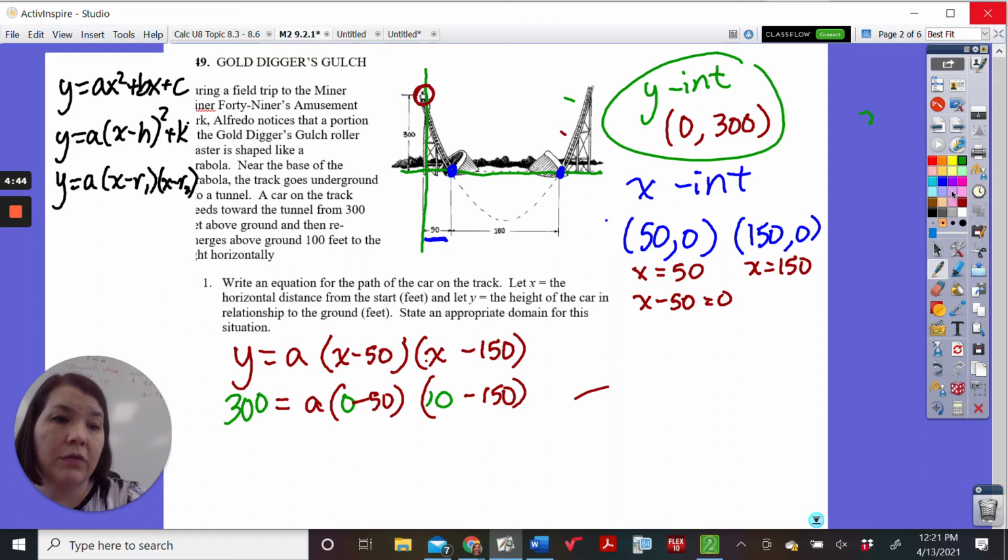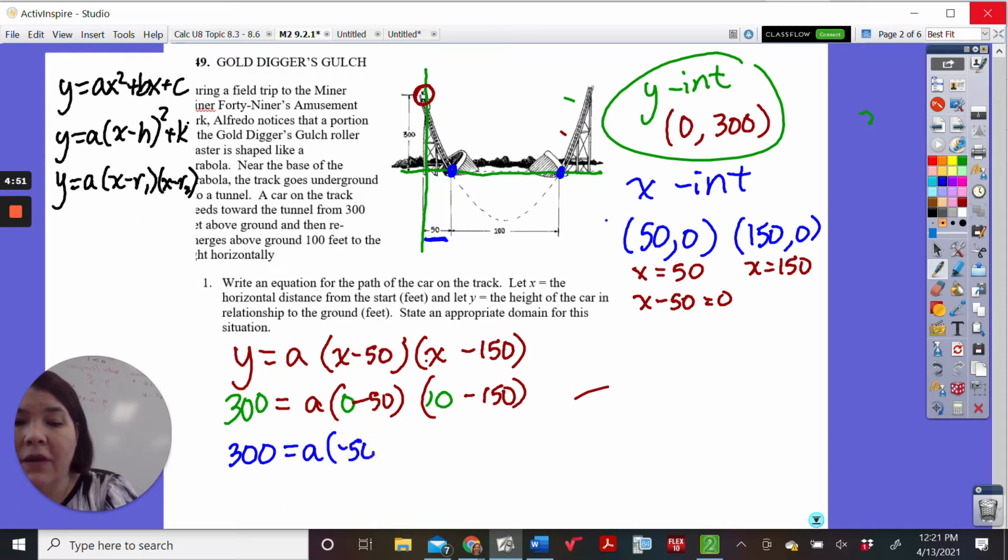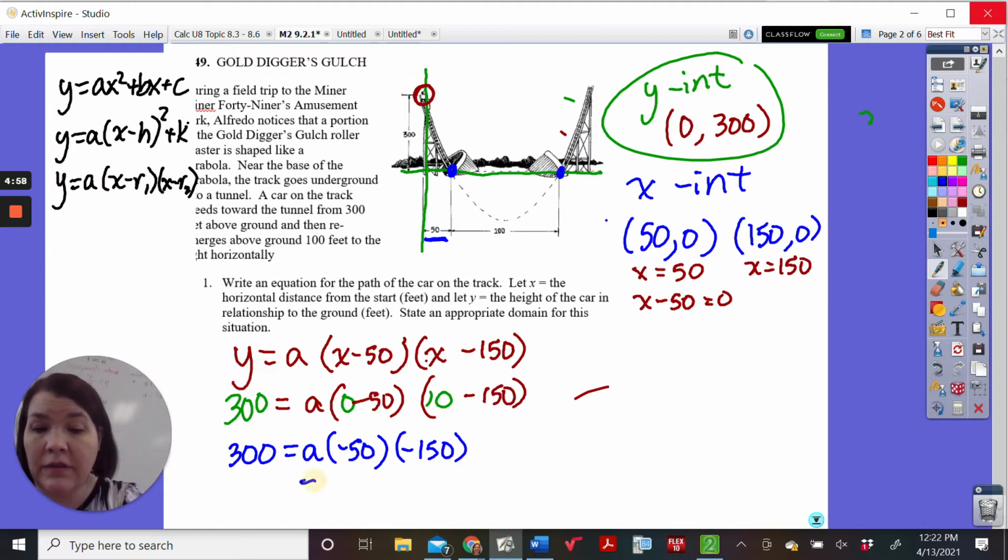So we just follow this through. I'm going to use a different color. We have 300 equals a times negative 50 times negative 150. 50 times 150, two negatives make a positive, is 7,500. So 300 equals a times 7,500.